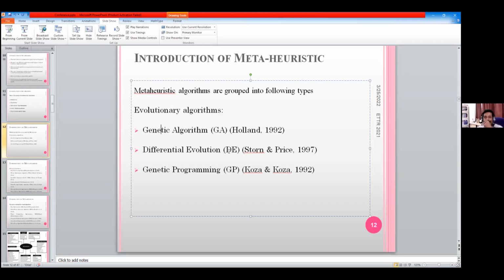Differential evolution, this is wrong, I think this is not 1992, this is perhaps near about 1960, 65 or 62. Then differential evolution came in 1997, and genetic programming came in 1992.